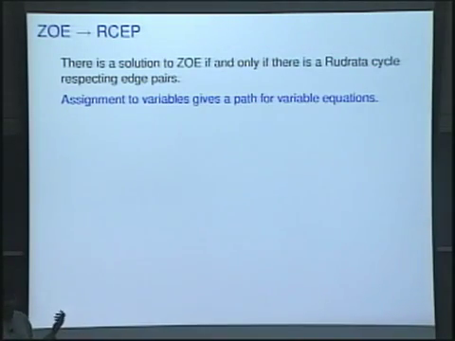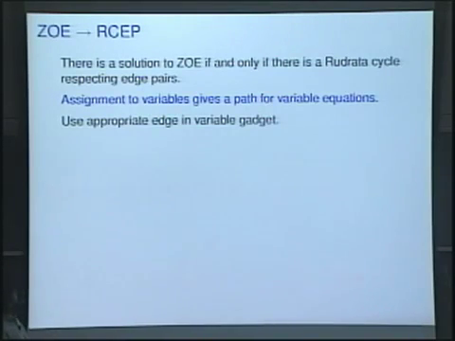That's easy, right? Because that's what they do. Now you use the appropriate edge in the variable gadget. If you have a solution to the 0-1 equality for any equation, there's exactly one edge which is 1, so you use that edge in the equation gadget.